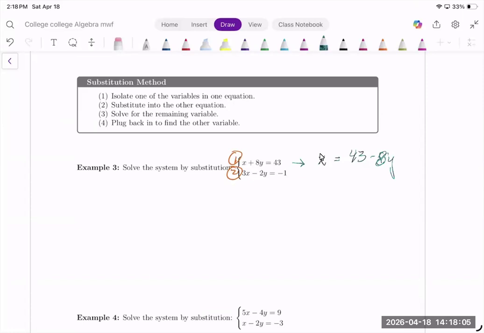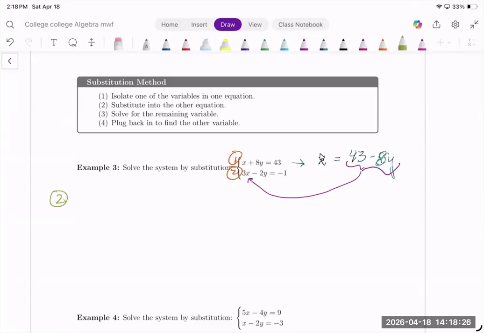Now, if this is a system where they cross paths, if X equals 43 minus 8y for one, then 43 minus 8y has to equal X for the other. Otherwise, it's not a system and it doesn't work out. So we're just going with that assumption, and that's how we start this whole deal.